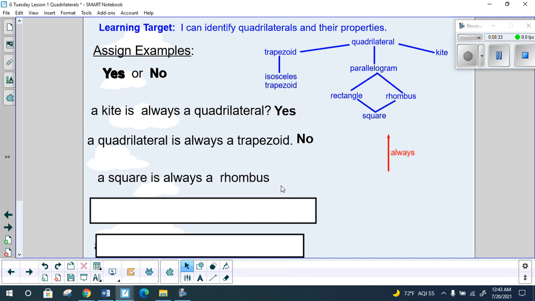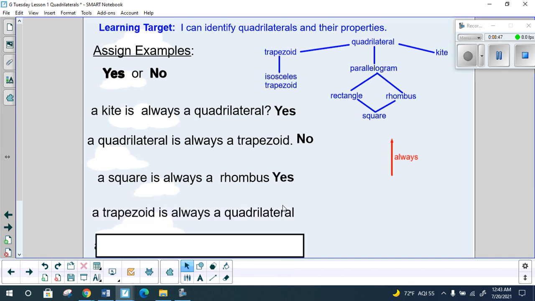A square is always a rhombus. When I look up, a square is always a rhombus. I'm going up the chain, so that one's yes. A trapezoid is always a quadrilateral. Yep, that's going up, right?